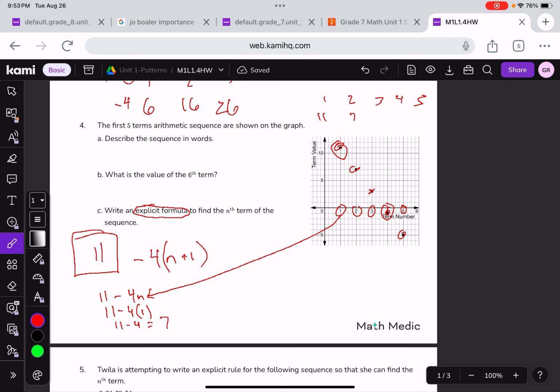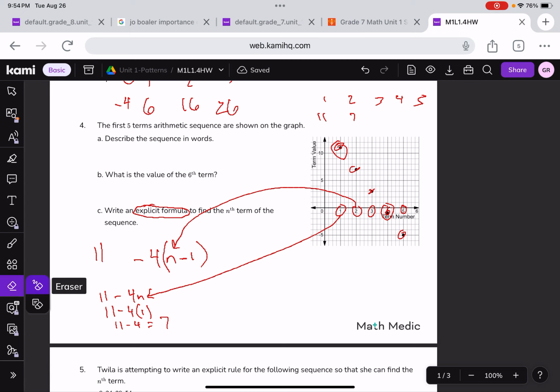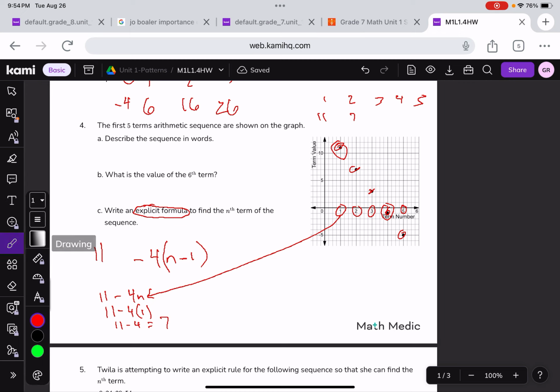N, if the first term, that'd be 2. Or no, I don't know if you want to add 1, but maybe we want to take away 1. We want to be 1 less term. So if term 2, if I plug that in here, by the way, I can get rid of this box, because now I'm talking about this whole formula here, 11 minus 4 times n minus 1.